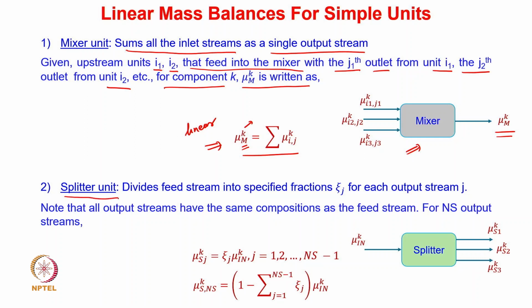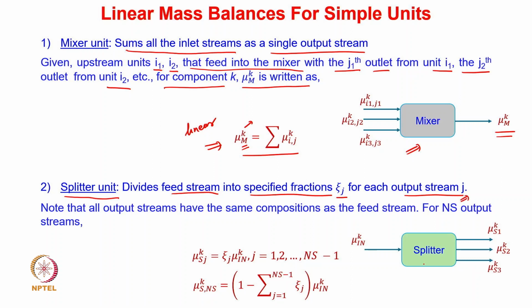The second unit is a splitter unit. So the splitter unit, as the name itself suggests, divides the feed stream into specified fractions zeta j for each output stream j. So this fraction zeta j is very important here. Whatever the input is, that input is multiplied by the corresponding fraction, and that gives the output stream j.